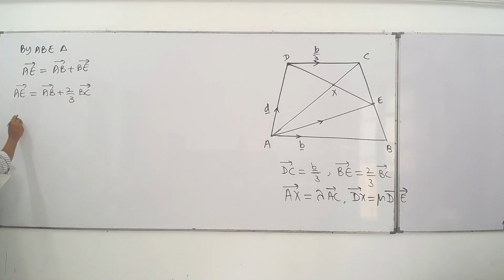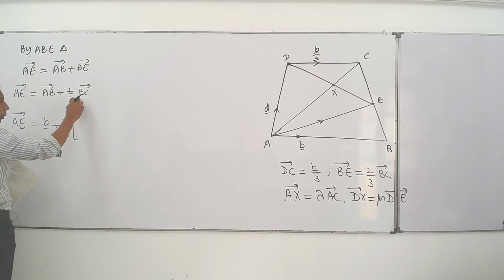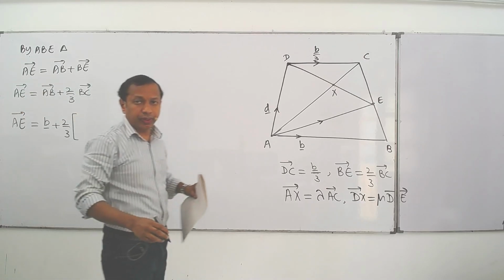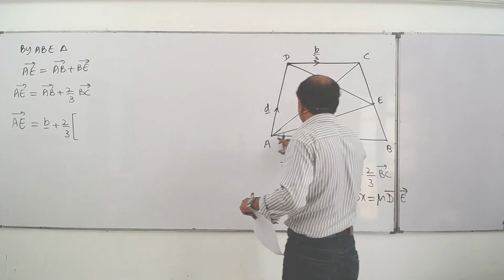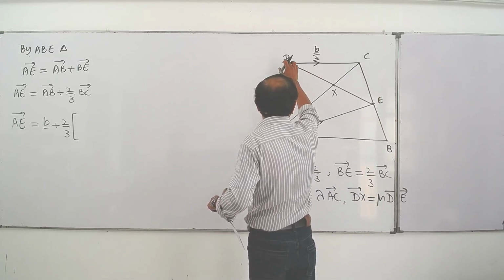Then I can write AE. AB is vector b, plus 2/3 of the BC vector. Now I am going to write the BC vector here: BA plus AD plus DC.